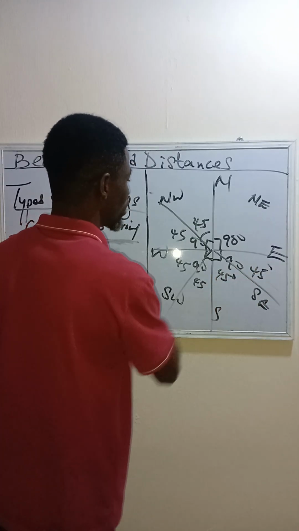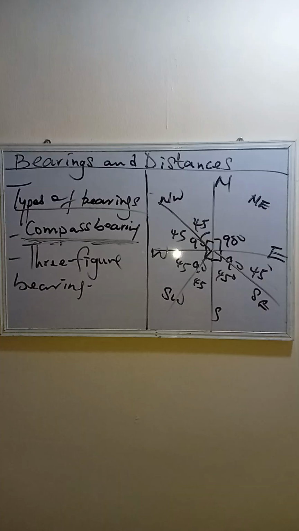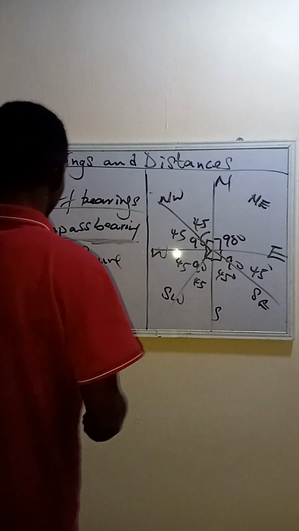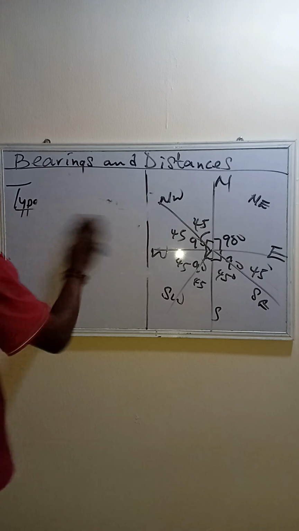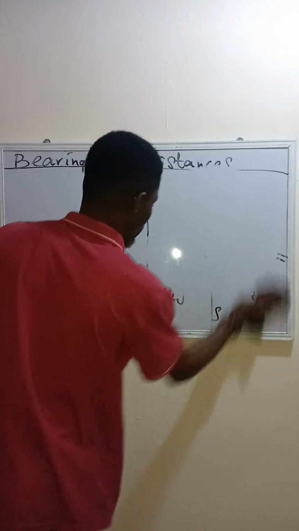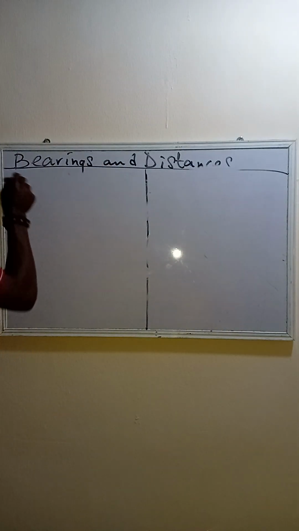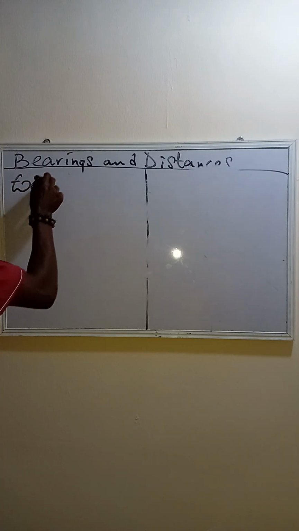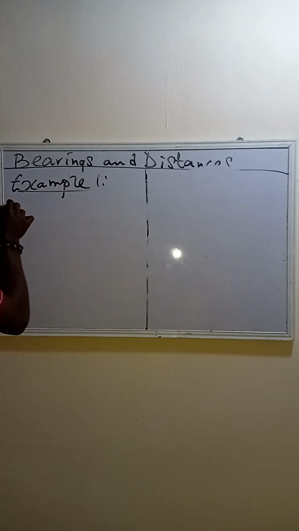Then which other thing do you need to know under compass bearing? How to draw bearings. Let's say we have example one. How do we locate this?